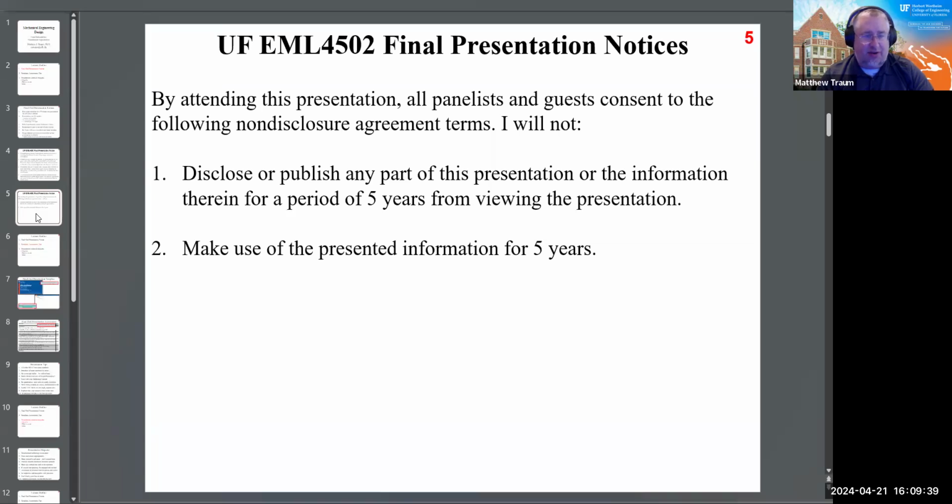First, they will not disclose or publish any part of the presentation or information therein for 5 years. And number 2, they will not make use of the presented information for 5 years. That includes in their companies, for-profit purposes. So these clauses protect any intellectual property that you would present that you want to hold close.